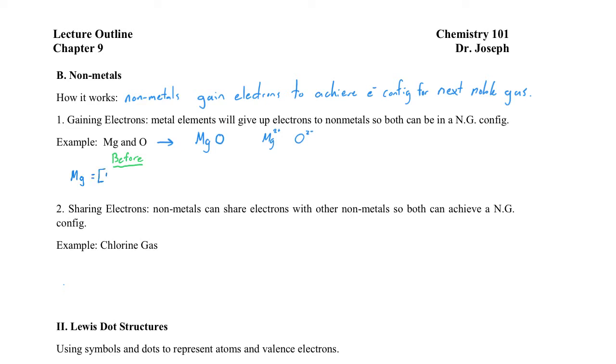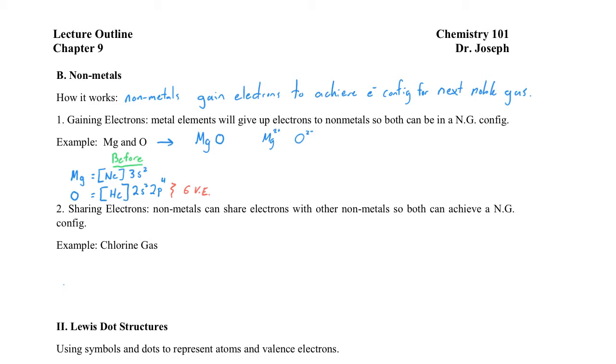Let's write out their electron configurations. Magnesium is neon at its core with 3s2 valence electrons. Then we have oxygen, which is helium at its core, and its valence shell has a 2s2 2p4 configuration. Notice for oxygen that there are 6 electrons in the valence shell, so we have 6 valence electrons.